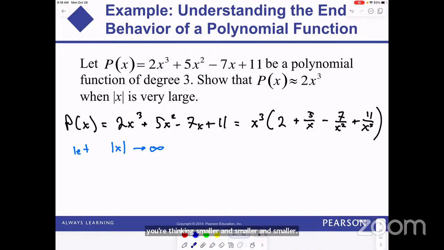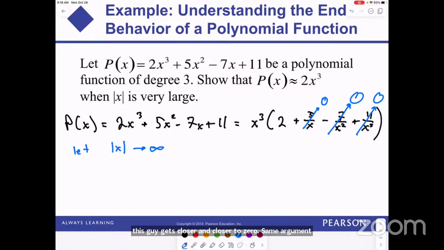So with a fixed numerator and those denominators tending to infinity, the behavior is going to be the same in all three of those cases. So as the absolute value of x gets closer and closer to infinity, this guy gets closer and closer to 0. Same argument for this guy, and same argument for this guy.